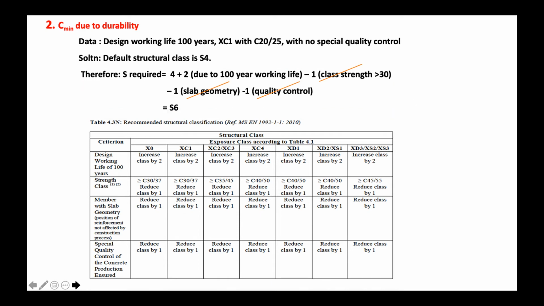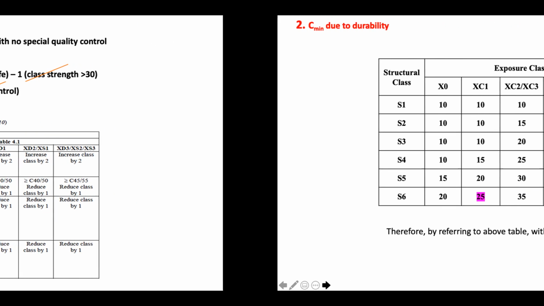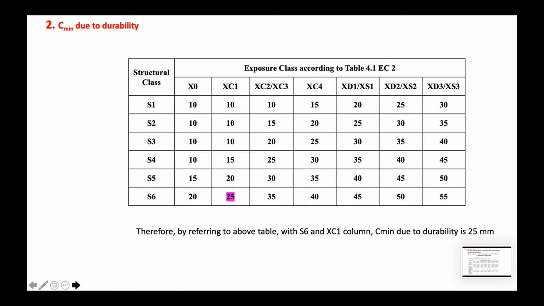Further, the structural class will not be modified for the concrete strength, the member related to the slab, and also the quality control. Therefore, our structural class now is S6. Finally, from the structural class that we obtain, we get the cover for XC1, which is 25 mm. This value is obtained from table 4.3N of Eurocode as shown in the picture.